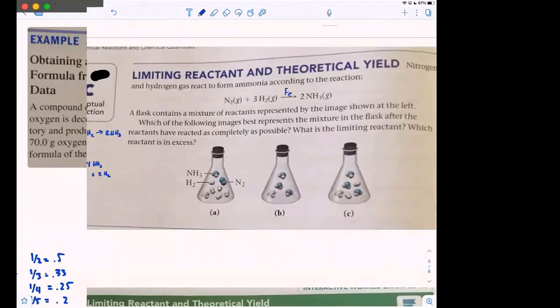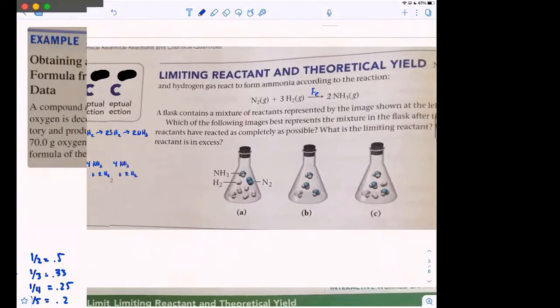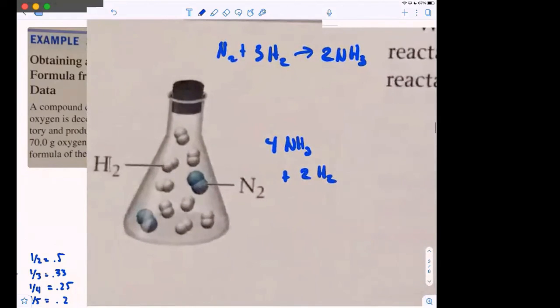The flask mixture has reactants represented by the image shown on the left. Which of the following images represent the mixture after reactants have completely reacted? And what is the limiting reagent? And what's the excess? So we have this vessel here, and we can kind of figure out what's going to happen.